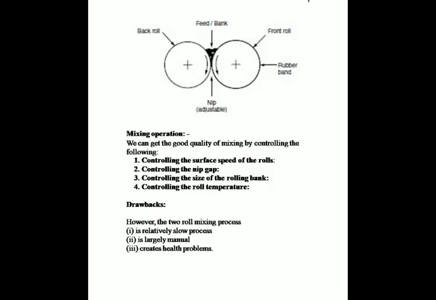So these are the drawbacks. But finally we obtain a good batch of compound mixed using this two-roll mill. Normally most of the industries have this two-roll mill. It's a batch mixing process.